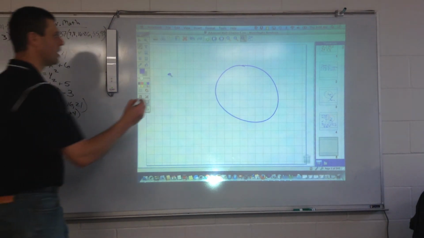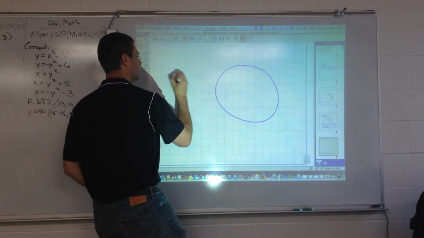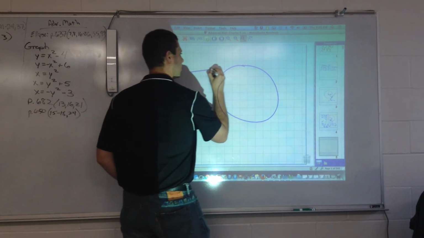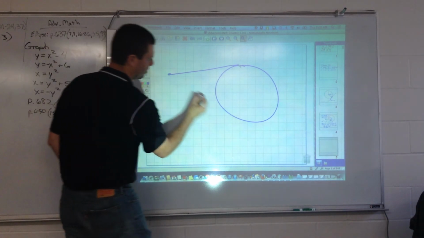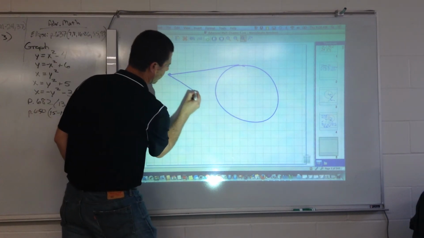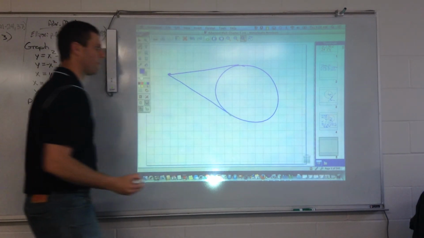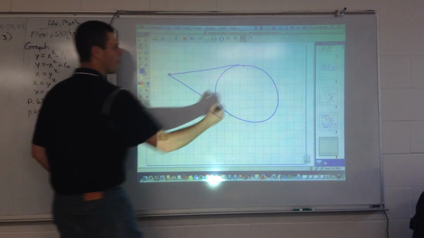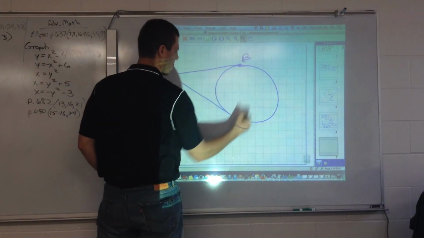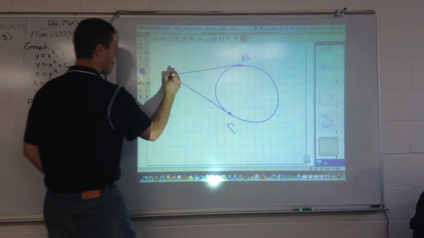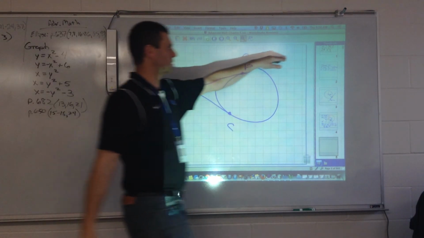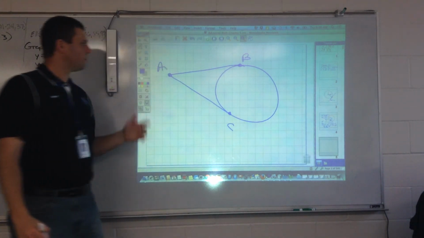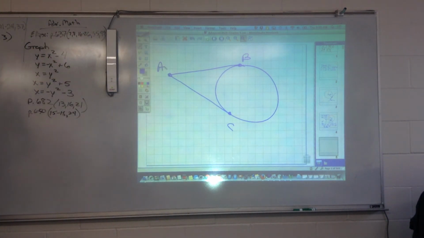One would kind of hit the top of the circle like this. And the other one would hit more the bottom edge of the circle. Right? Obviously, if I keep going, it's not going to intersect anymore. So let's just call these tangent segments or whatever.